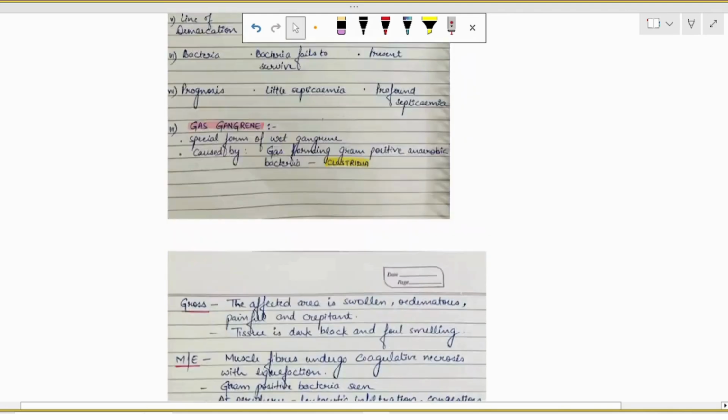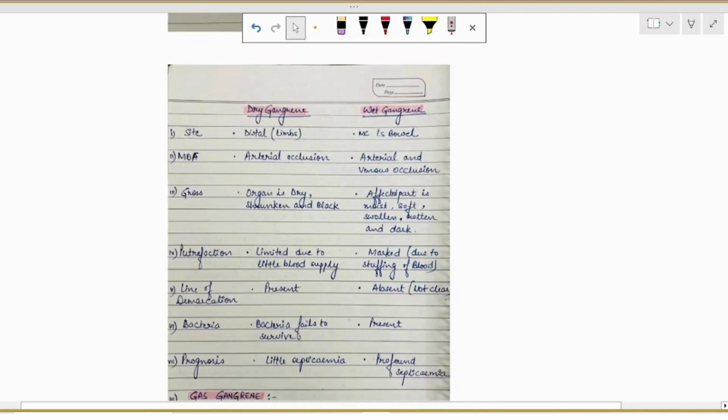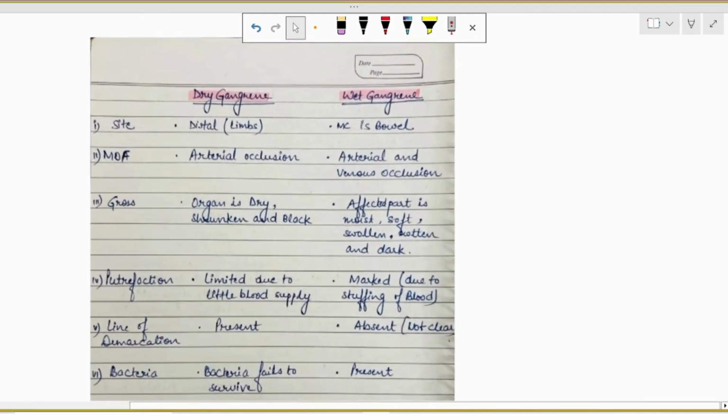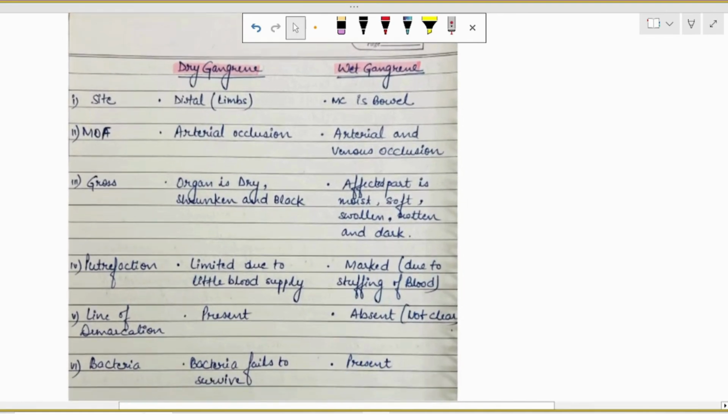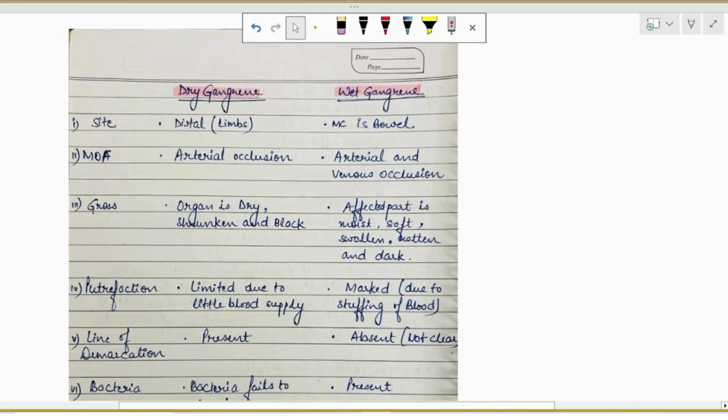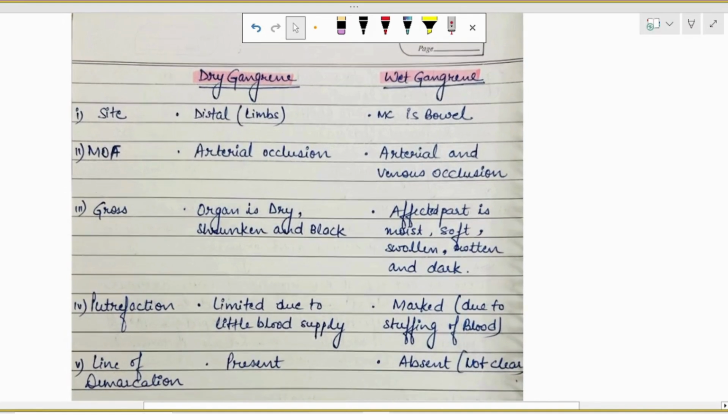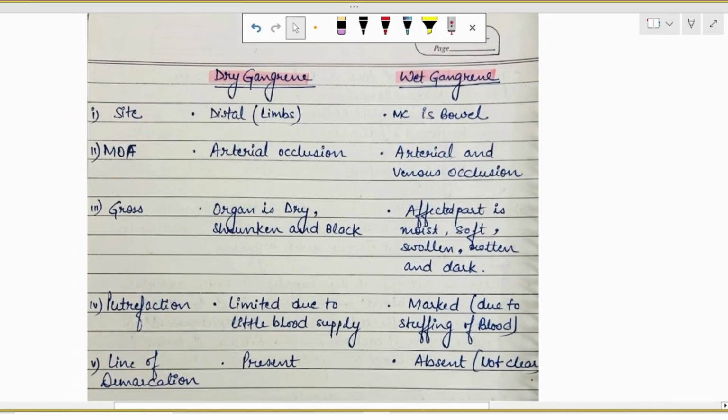So, moving on to the last part of this topic: what are the differences between dry gangrene and wet gangrene? I'll explain all of them. See, dry gangrene happens in the distal limbs, and the most common site for wet gangrene is our intestines. What is the mechanism of formation?